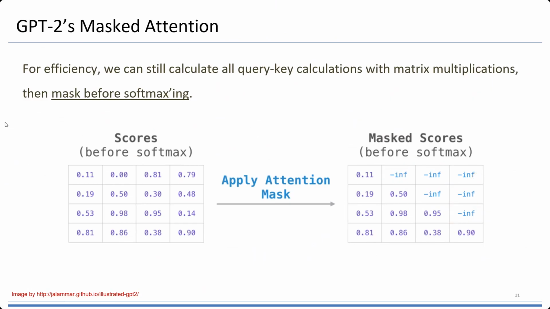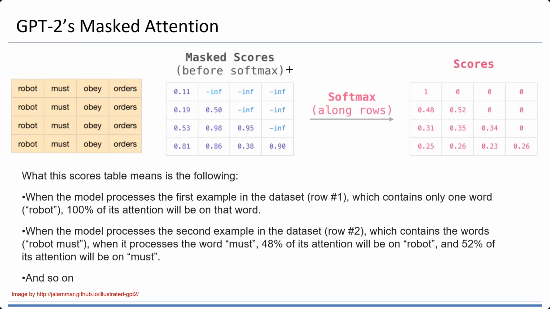After we mask the scores like this, we do the softmax, and the softmax is done along the rows. Using the softmax function, we have 1 for the first row and 0 for the remaining.